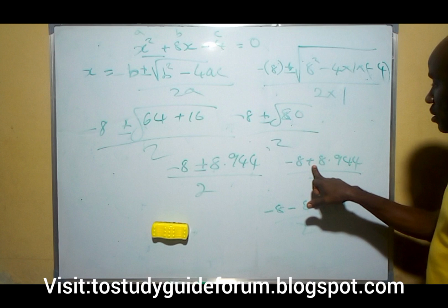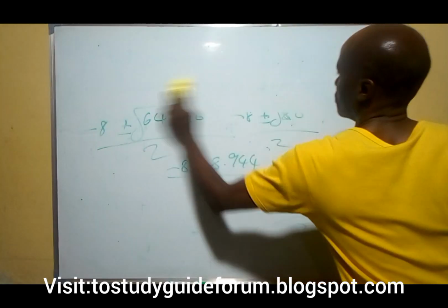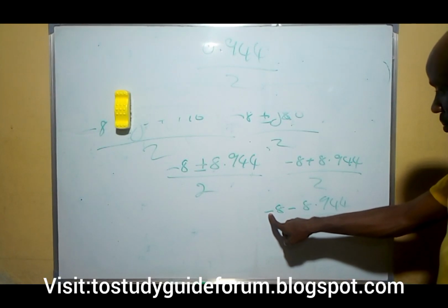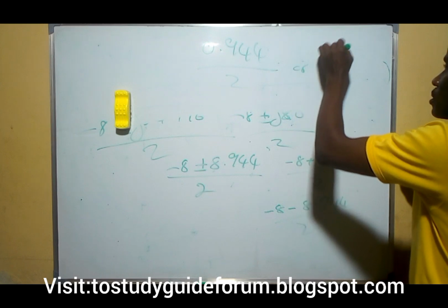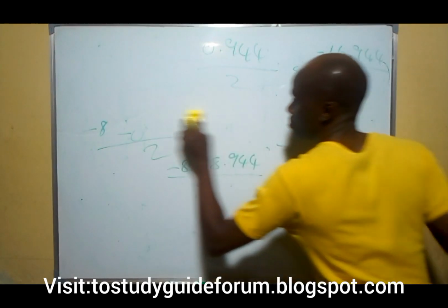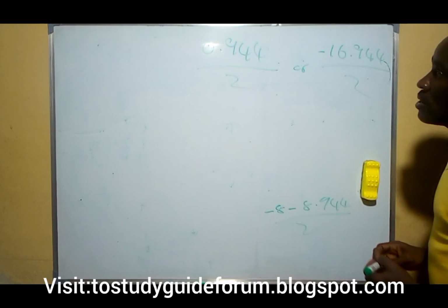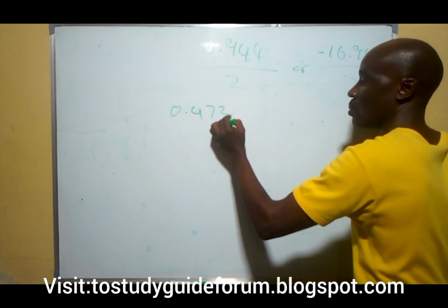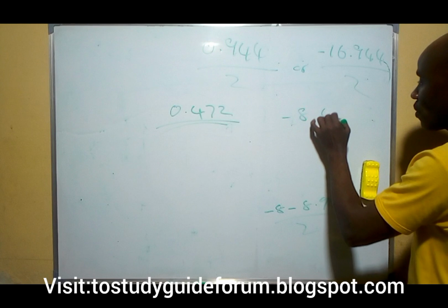Minus 8 plus 8.94 gives us 0.94 all over 2, which is 0.472. The other one, minus 8 minus 8.94 divided by 2, gives us minus 8.47.